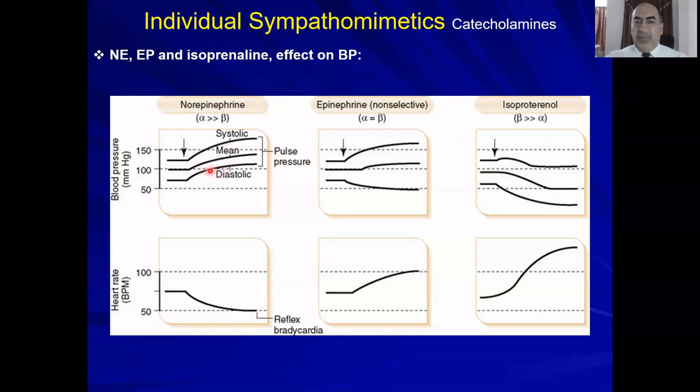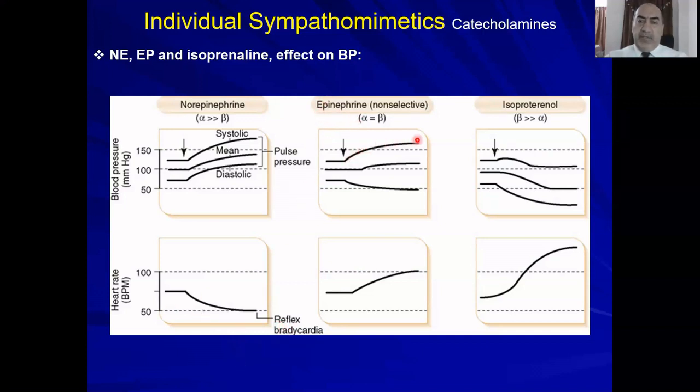The systolic pressure will also increase due to the effect on beta 1, increasing cardiac contractility and heart rate, and the whole blood pressure will increase. It has an effect on alpha receptors, causing severe vasoconstriction, so it will also cause an increase in the systolic blood pressure. However, as we said, it suffers from reflex bradycardia, so heart rate will decrease.